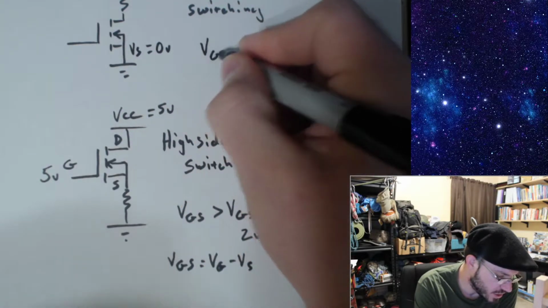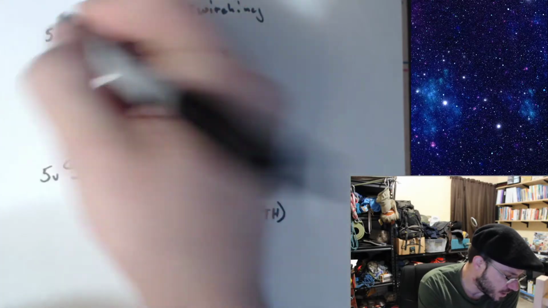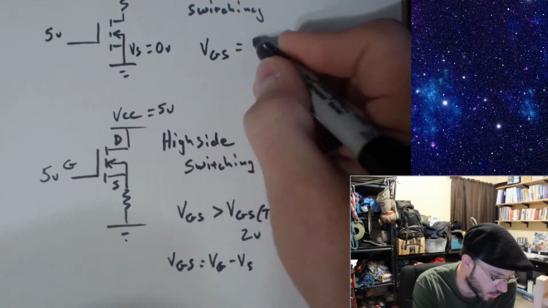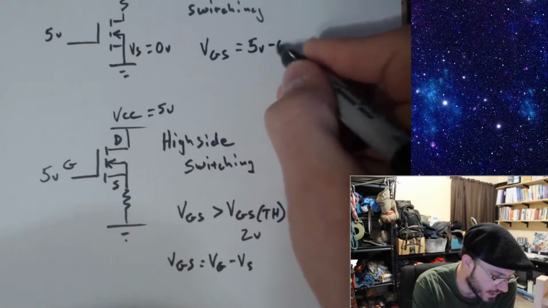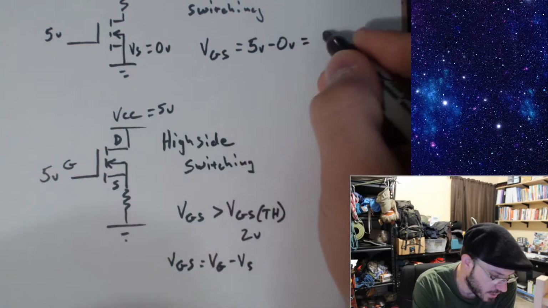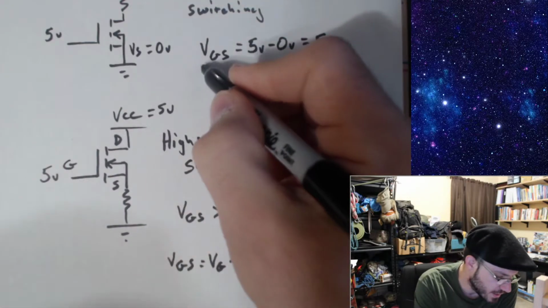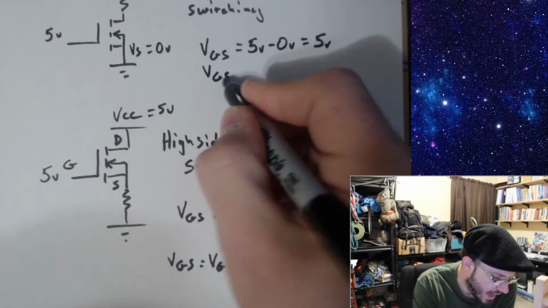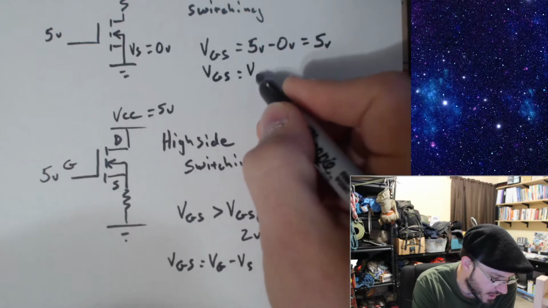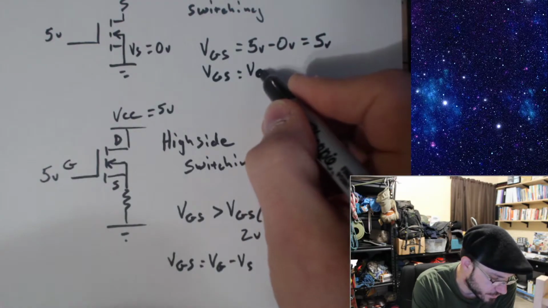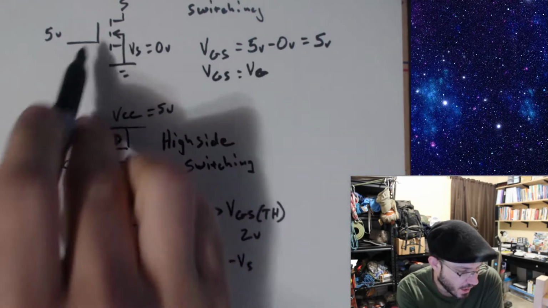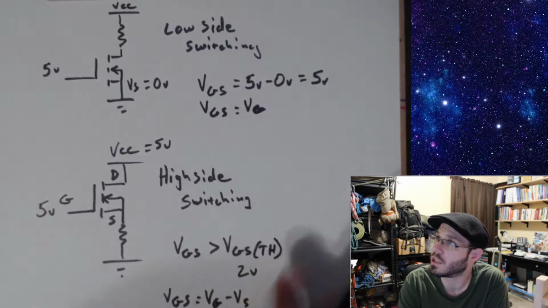So when you look at VGS, if we were to place 5 volts here, it is just equal to 5 volts minus 0 volts, which equals 5 volts. So essentially in this arrangement, VGS is equal to VG. So not a problem when you're low side switching.